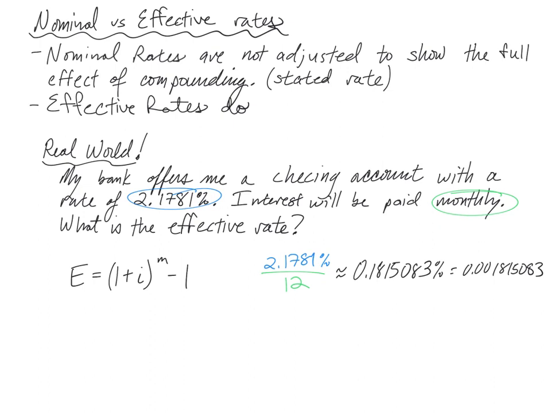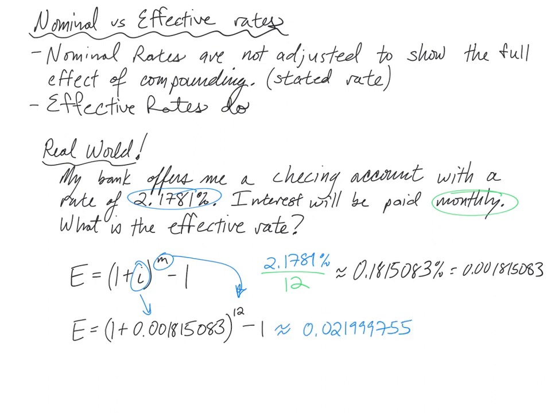So it looks like we have everything we need to fill everything in. So I can fill everything in as follows. So the I is here, the M is here. And again, you can just use a calculator to crunch this out. So here, when you put this in the calculator and do actually crunch it out, you'll get 0.021999755.